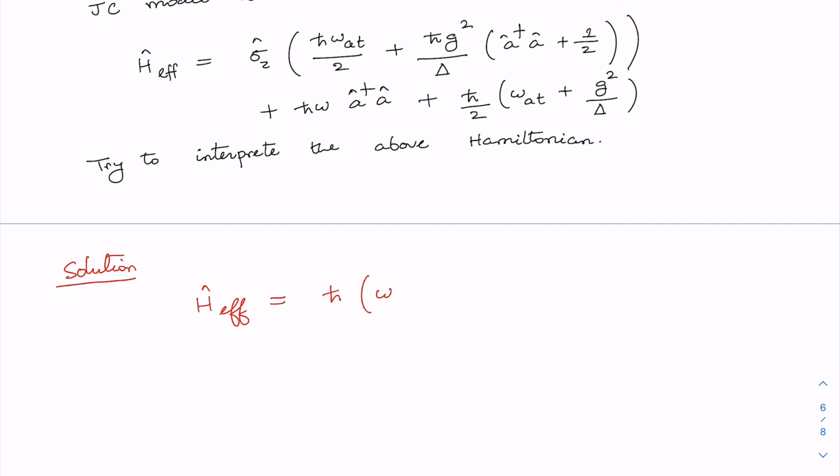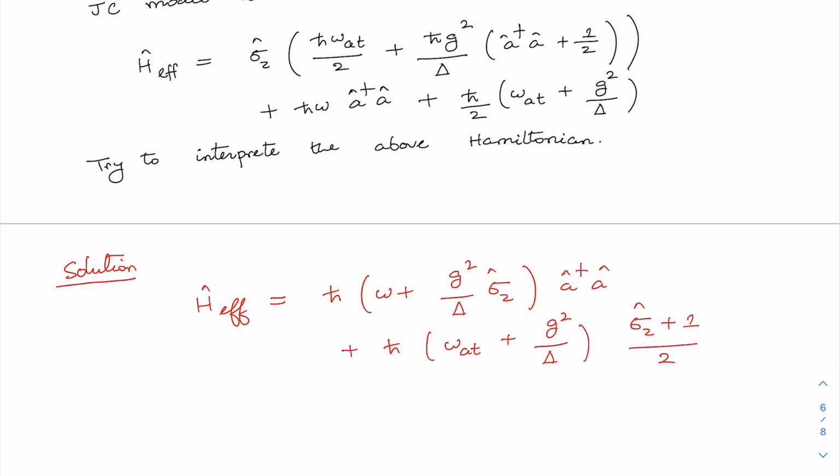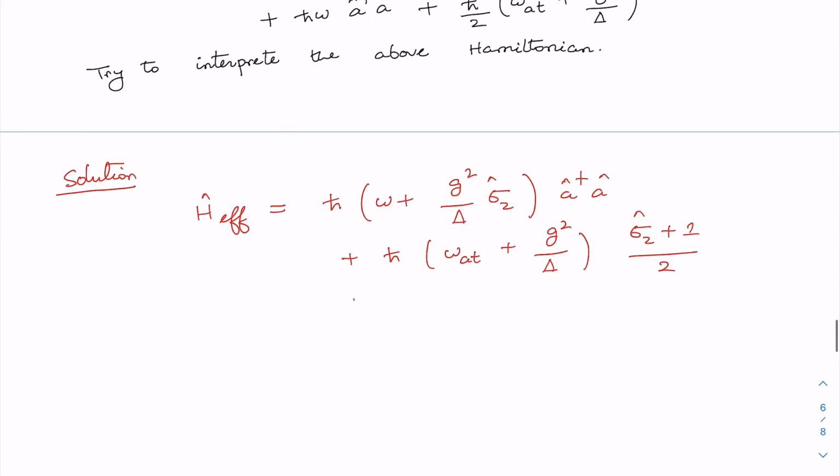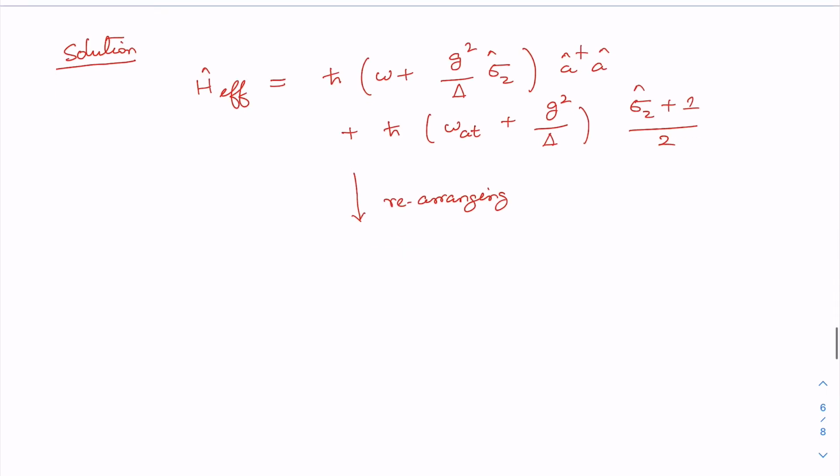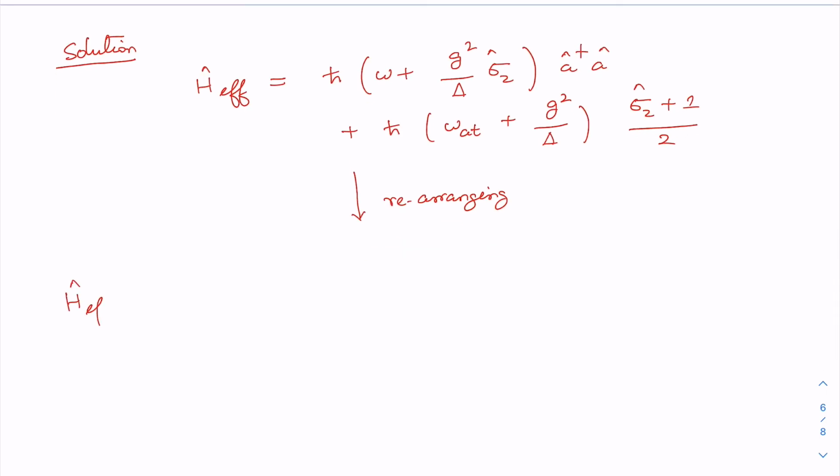It was h cross omega plus z square by delta sigma z a dagger a plus h cross omega atom plus z square by delta sigma z plus 1 by 2. Now various terms can be rearranged. So if we rearrange the terms, then we can write this effective Hamiltonian in this form. Let me take sigma z common.